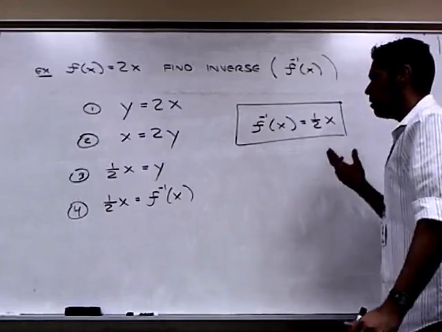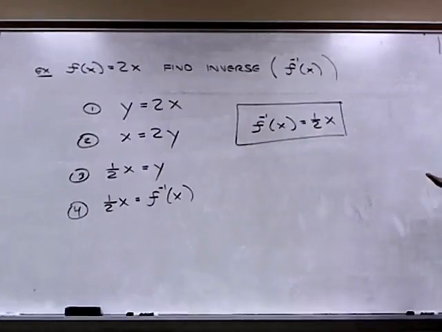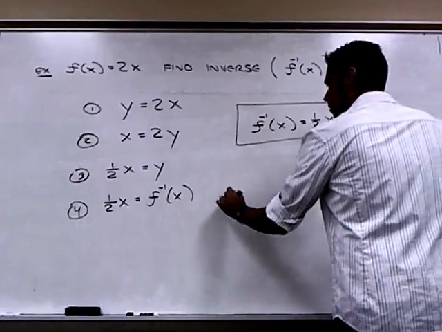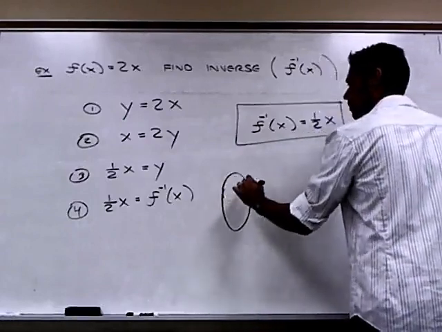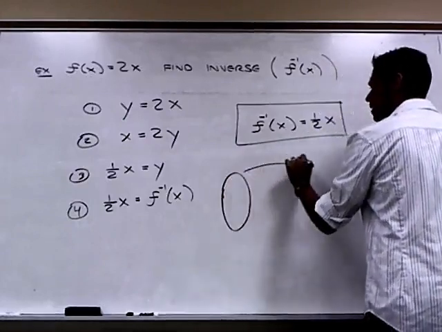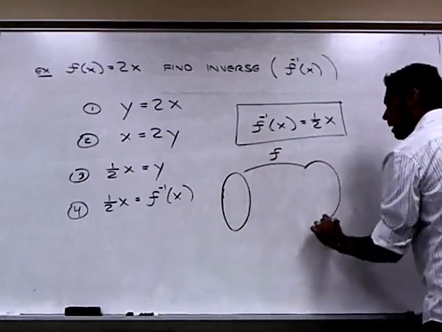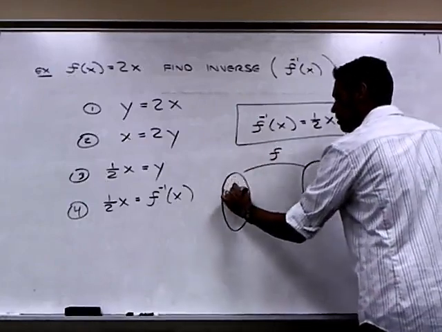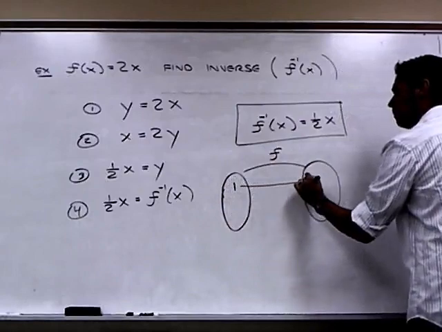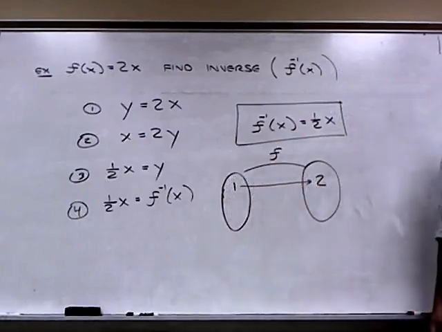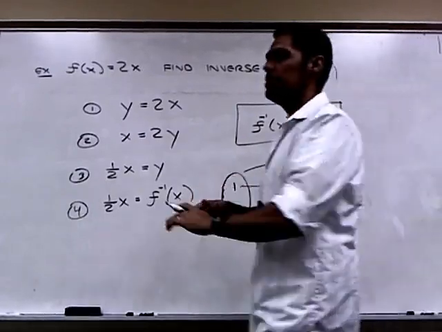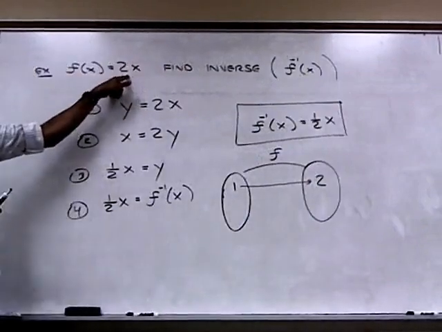Now, I want to draw a picture to show you what's happening here. Remember we started with this function f, and it took, let's say, 1 to 2. If I plug 1 into this function up here, f, I get 2 to come out.